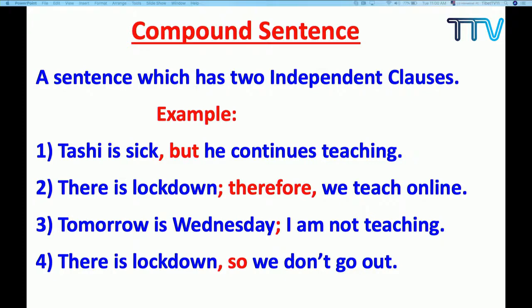This is a compound sentence. There is lockdown, therefore we teach online. Tomorrow is Wednesday, I'm not teaching. If you look at these sentences, these are all independent clauses. There is lockdown, so we don't go out.